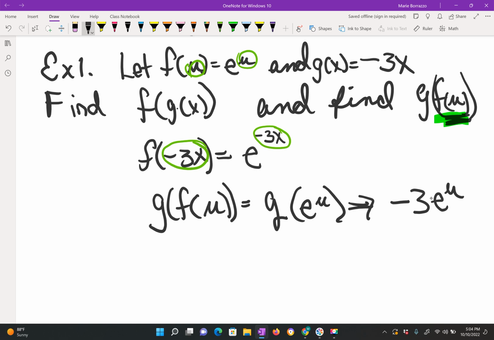We're substituting e to the u in there. Is it making sense? Making sense.